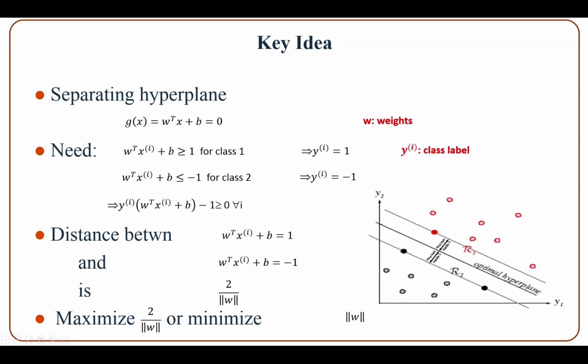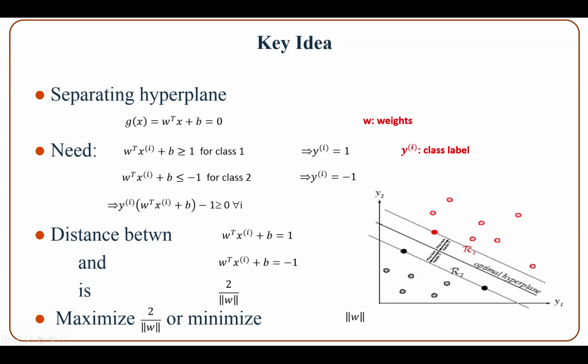Now let's look at the decision boundary, the separating hyperplane. For points x located on the separating hyperplane, g of x is equal to 0. For points x in class 1, we want g of x greater than or equal to 1.